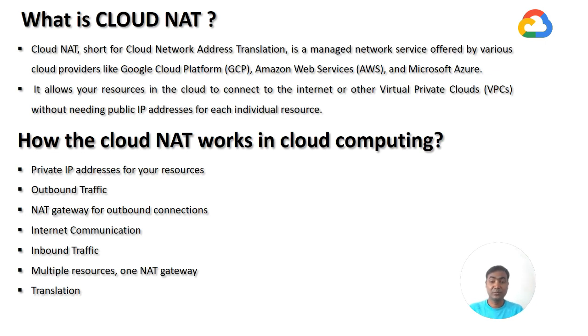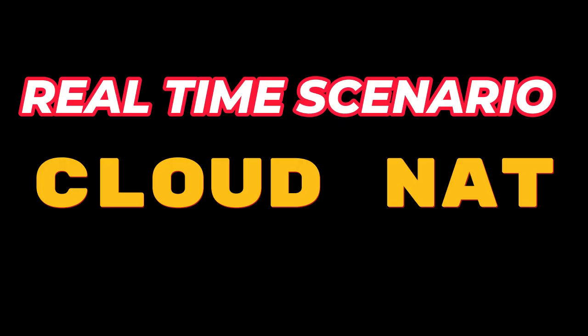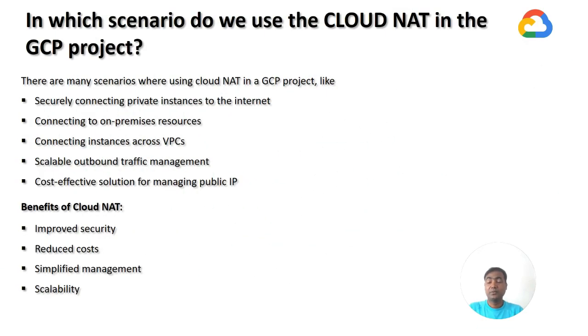Now guys, I hope you understand how Cloud NAT works in Google Cloud Platform. Now guys, I'll guide you in which scenarios you use Cloud NAT in a Google project. Cloud NAT in Google Cloud Platform is commonly used in scenarios where you have a private network of virtual machine instances and you want these instances to access the internet while maintaining a level of security.